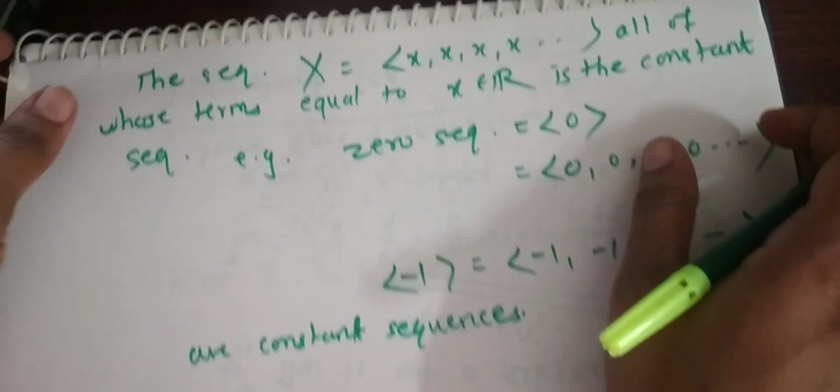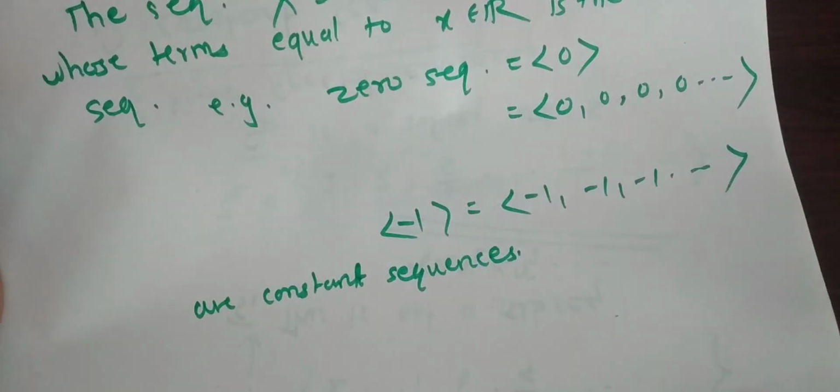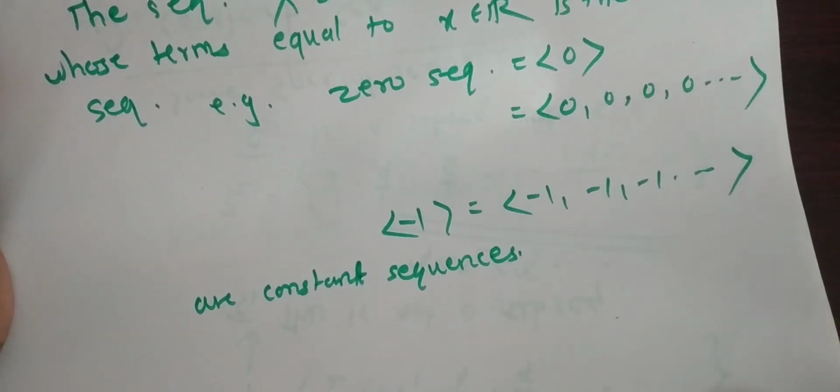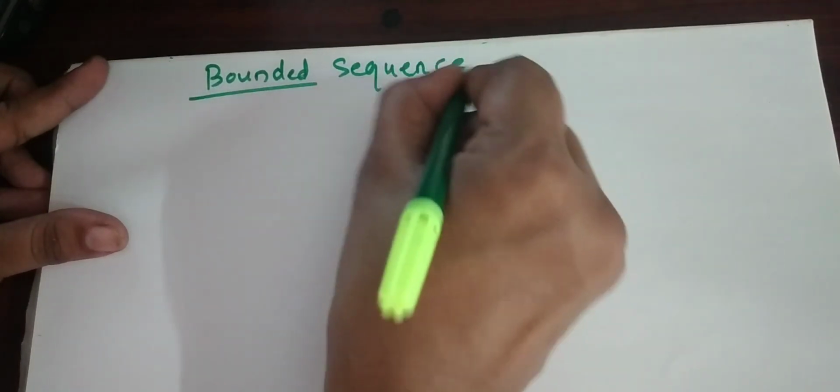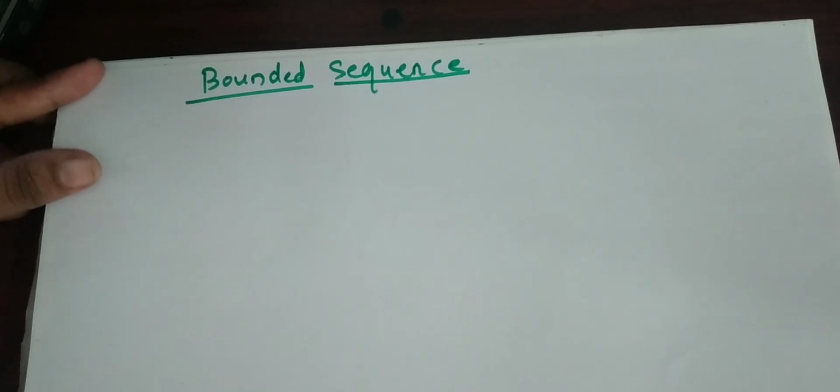ओके. नेक्स्ट व्हेरी इम्पॉर्टंट टॉपिक, बाउंडेड सिक्वेन्स. What is bounded sequence?